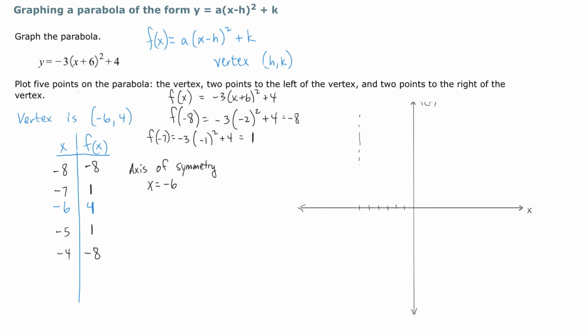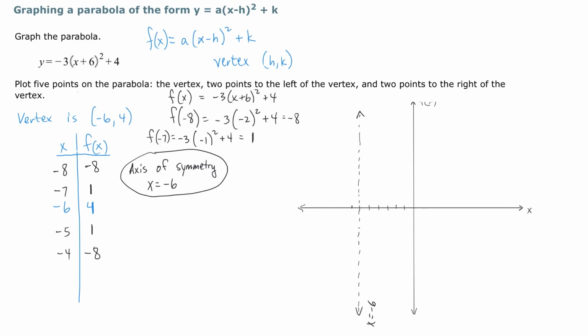I'm going to draw that axis of symmetry here as a dotted line. So there it is. And we're going to label that x equals -6. Remember, a vertical line is an equation. And that equation is x equals -6 for this particular case.